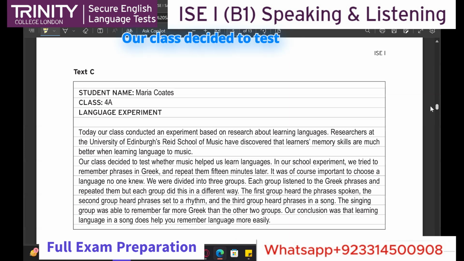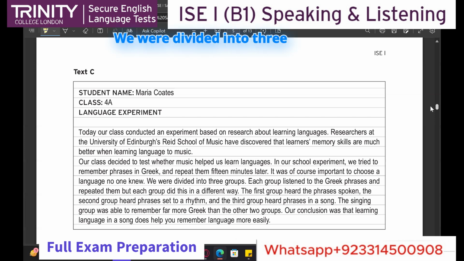Our class decided to test whether music helped us learn languages. In our school experiment, we tried to remember phrases in Greek and repeat them 15 minutes later. It was of course important to choose a language no one knew.